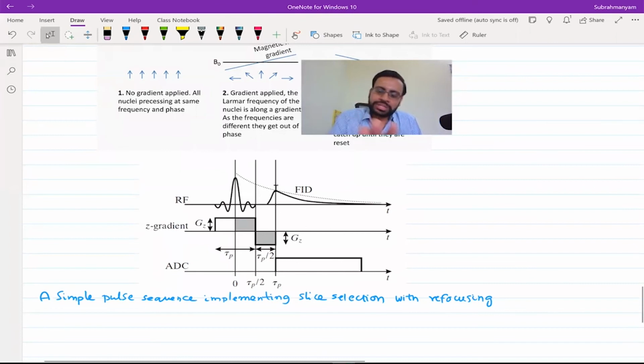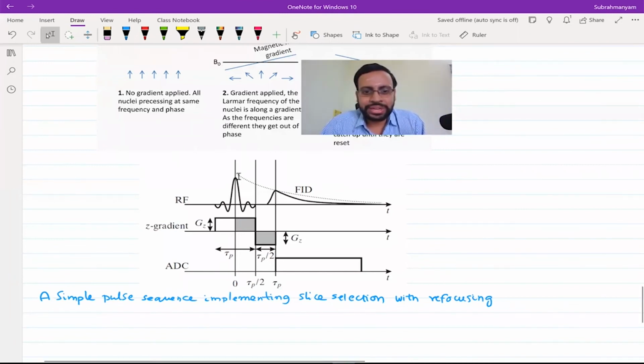Then you stop the signal, and there is only the force in the z direction, so it starts coming back into the z axis again, rotating and coming into it. Free induction decay, or T2 relaxation, is what we are showing there, and during this free induction decay you would be capturing your signal. So this is analog to digital conversion. At regular intervals of time, you could take measurements of this free induction decay for that particular slice.